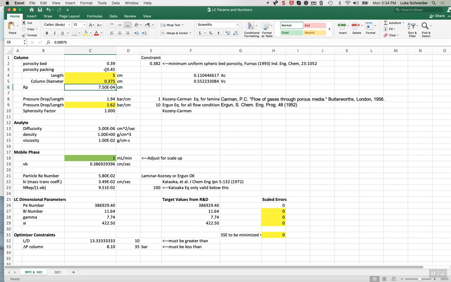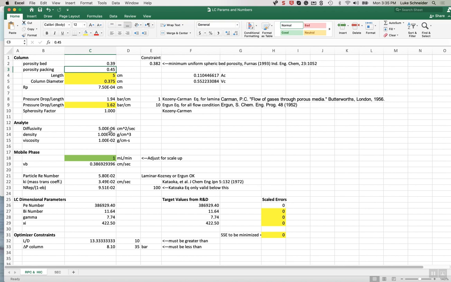The porosity of the bed versus the porosity of the particle. The porosity of the bed I'm saying is pretty close to its minimum, because I'm buying this column from a supplier, and the packing itself is about 45% porous.